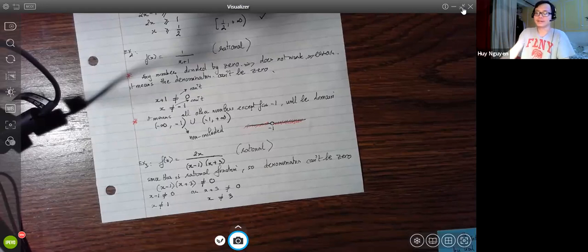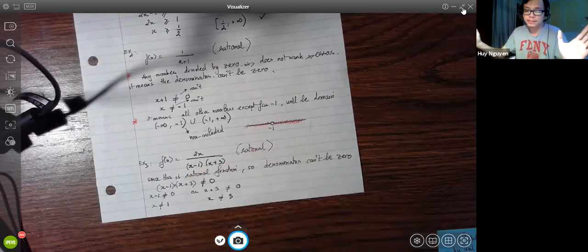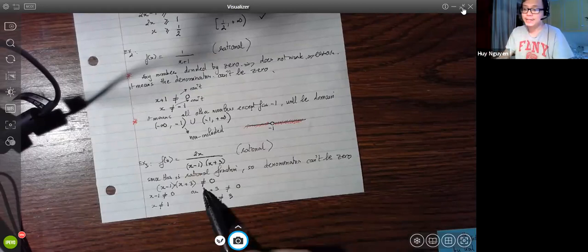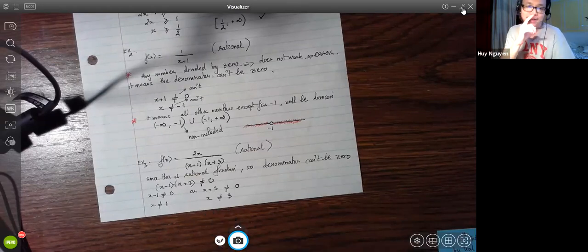This is how we can split it up, because of the zero product property. If you remember, on the first week of the semester, we talked about this. This is a multiplication sign, and that's why we can split them up into 2 cases. Back then it was an equal sign, but right now it's a can't-be sign. It's okay, the way you solve it is the same. So x can't be 1, or x can't be negative 3.